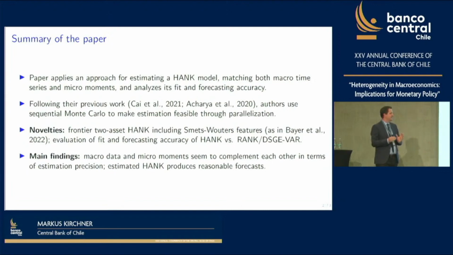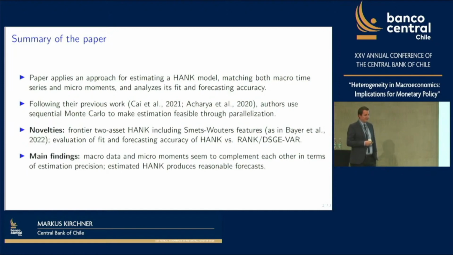And that happens both if you introduce micro moments or macro data. If you introduce them at the same time, the macro data seems to be informative for the distributional parameters, right? So share of constrained agents and the MPCs. So I think in your previous paper, you conclude that inequality matters for macro and macro matters for inequality, right? So that's one of the slogans of the HANK literature.